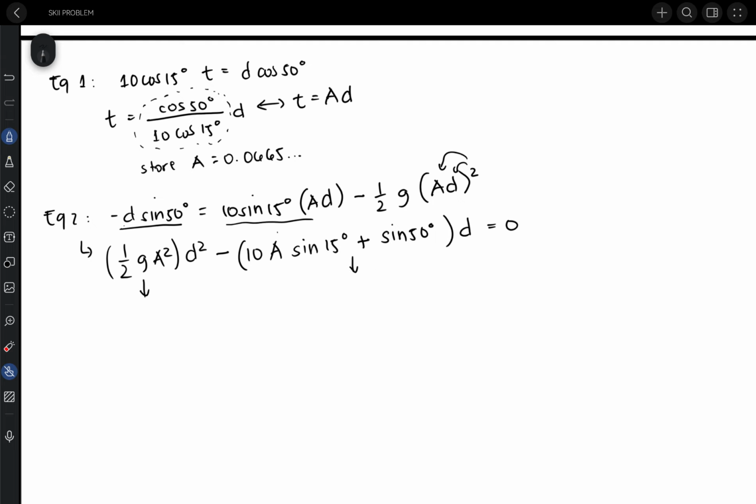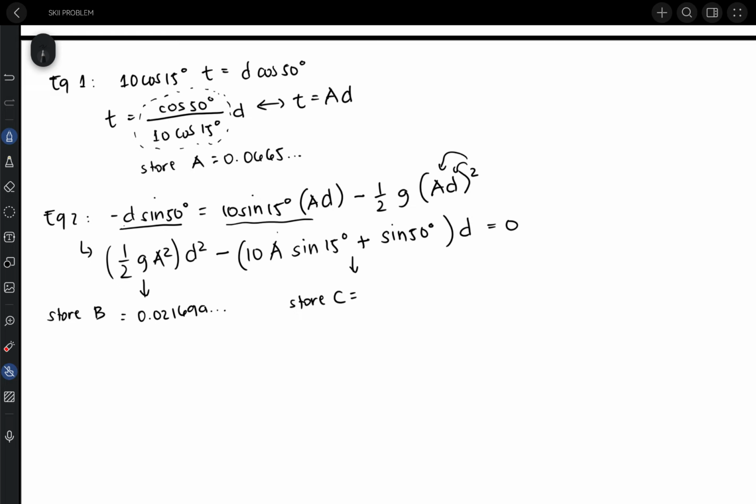So the 1 half g a squared will give us 0.5 times g, that will just give us 0.021699 and so on, which we can store to b. Now the other term you can store to c, so that we get an accurate answer later.